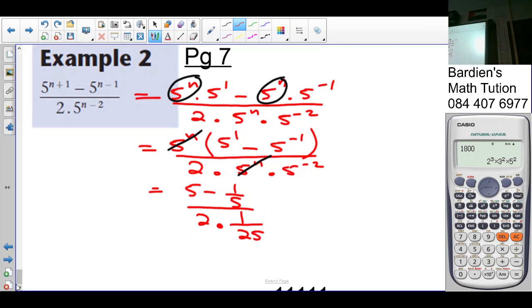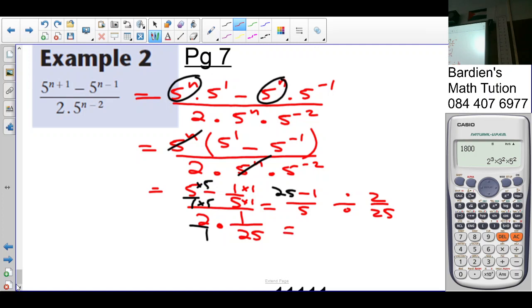Okay? So LCM on top is 5. So naturally that's over 1. So I'm multiplying that by 5, and that gives me 25 times 1, minus 1, must be divided by. Naturally that's over 1. Nothing can cancel there. So it's 2 over 25.